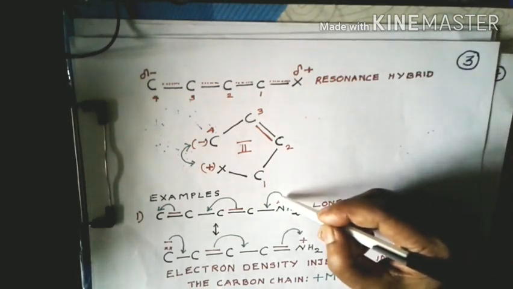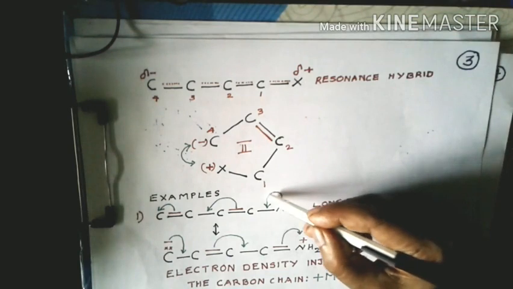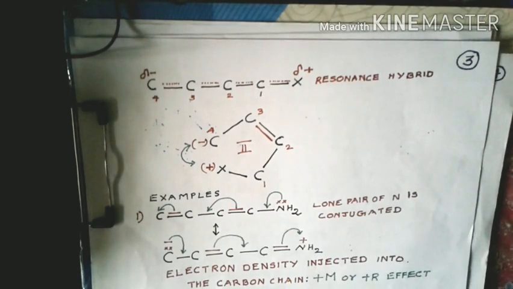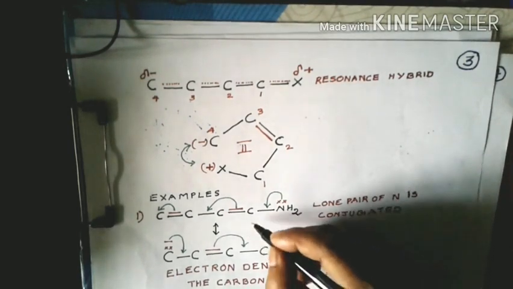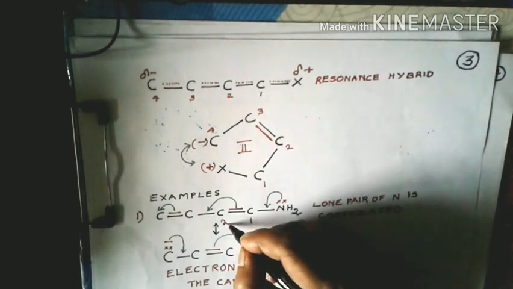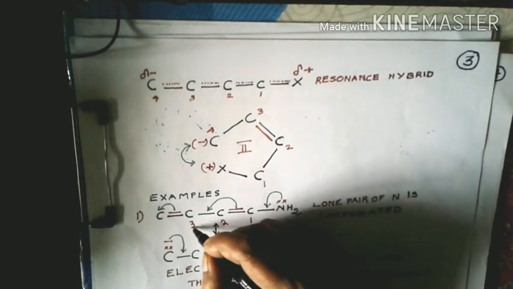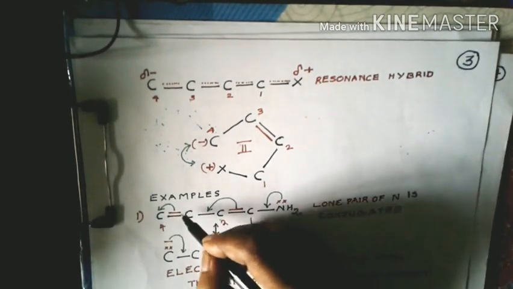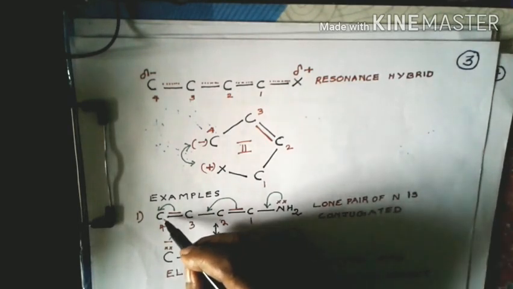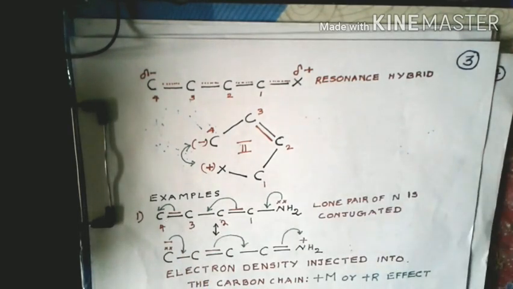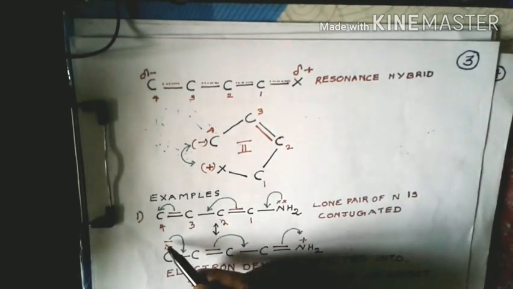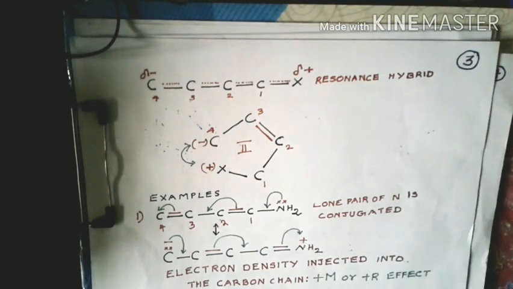So a lone pair of electron of nitrogen goes in between, say, C1 and NH2 group, and the bond between C1 and C2 migrates to the position in between C2 and C3, and simultaneously the pi electron pair of the bond between C4 and C3 moves entirely into the orbital of C4, giving it a negative charge and nitrogen a positive charge.